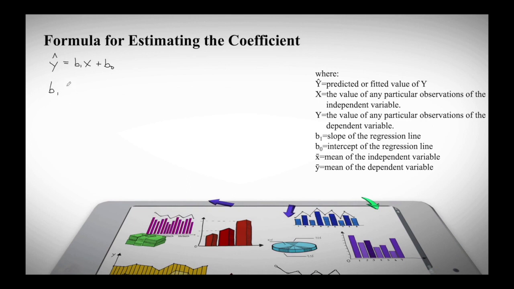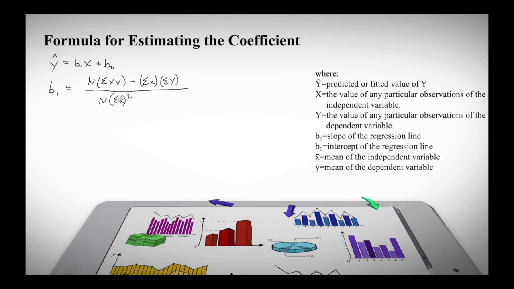So, for us to be able to find the value of b sub 1, here's the formula, guys. So, b sub 1 is equivalent to n, or the number of sample na mayroon tayo, multiplied to the summation of x and y. Okay? Minus the summation of x, then multiplied to our summation of y. Okay? So, divided by our denominator here will be n. N is the total number of sample, multiplied to summation of x squared.